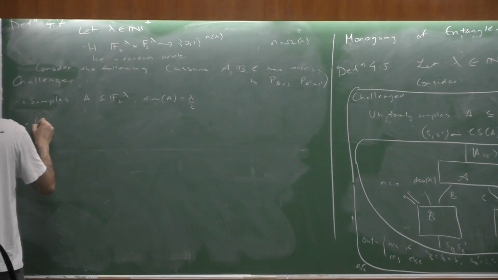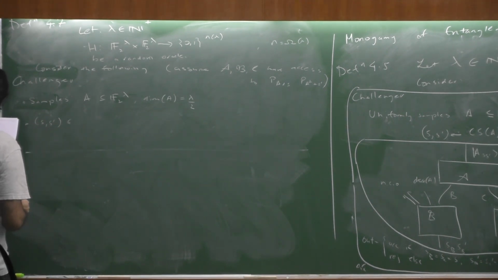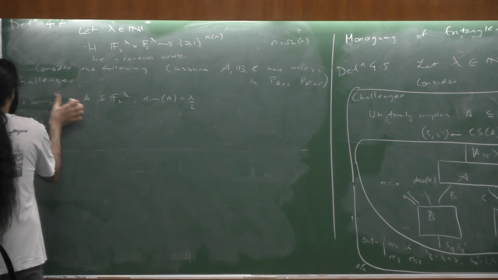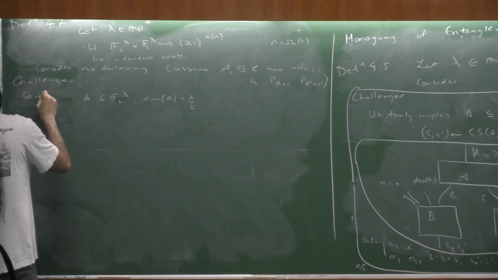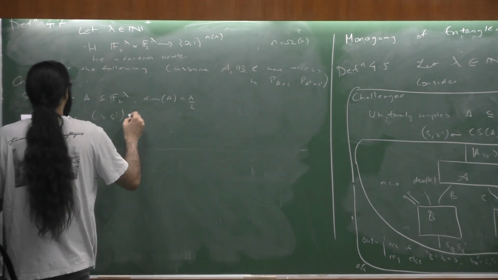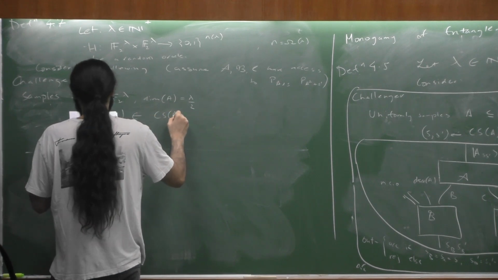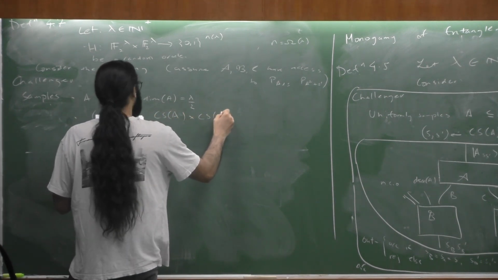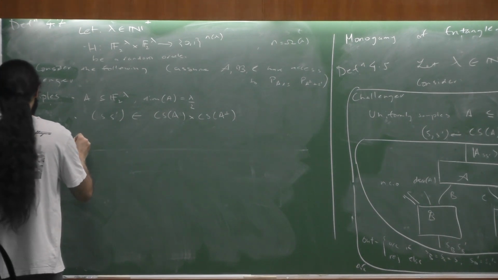It samples S, S prime uniformly from the canonical string of A and A prime, it's the same as before.